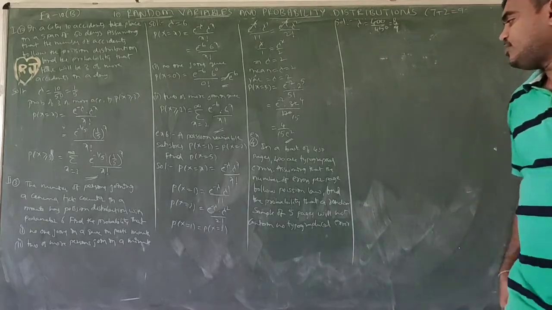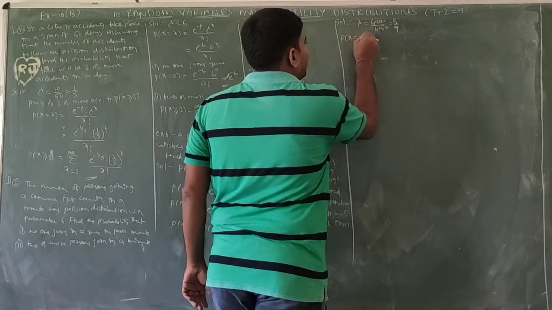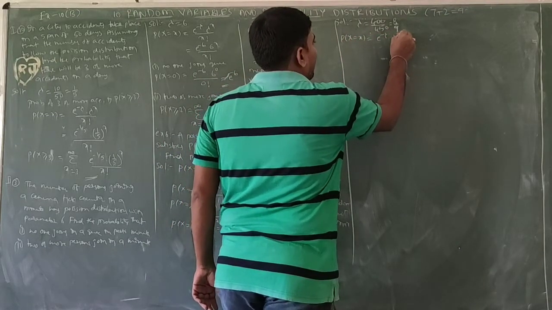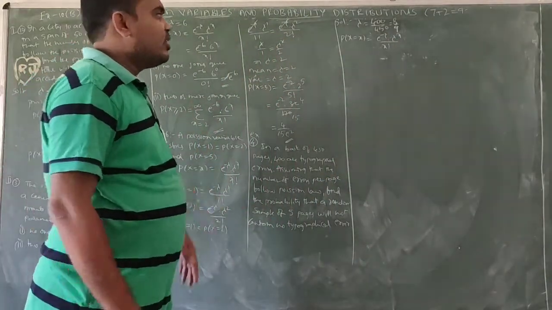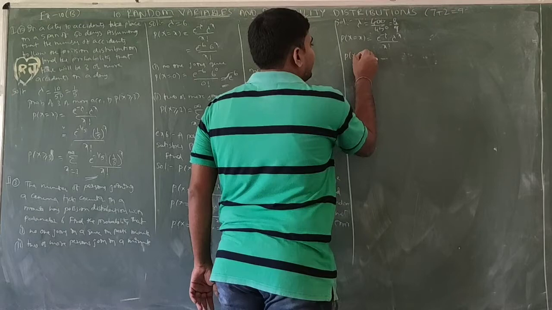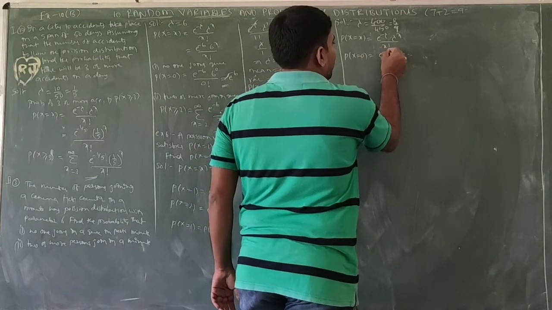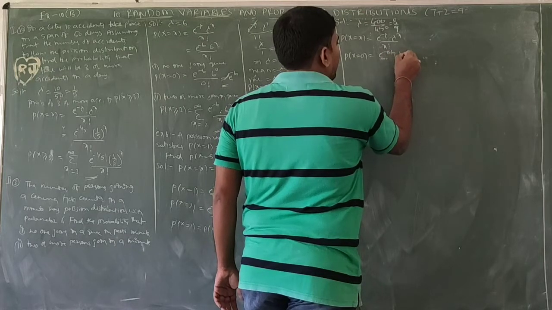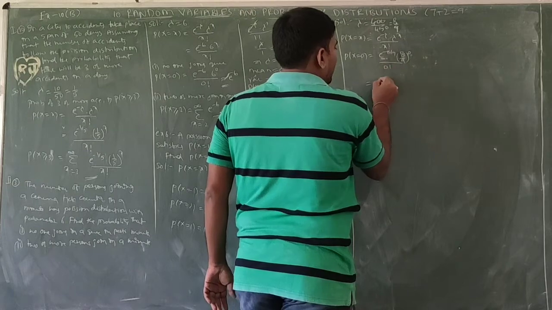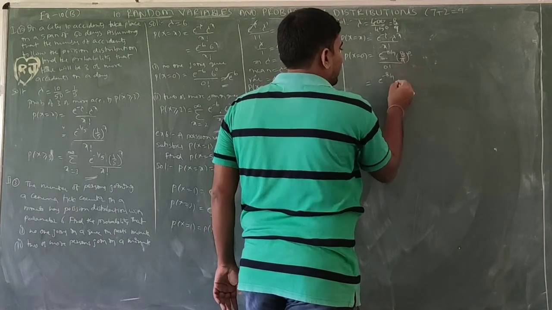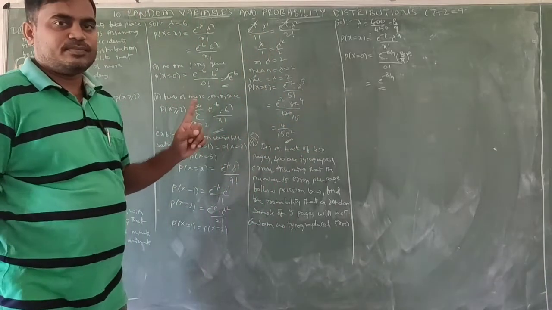Okay. Now I am applying the formula P of x equal to e power minus lambda, lambda power x by x factorial. We need no typographical error. So P of x equal to 0 equals e power minus 8 by 9 into 8 by 9 power 0 by 0 factorial, which is e power minus 8 by 9. This is for one page.